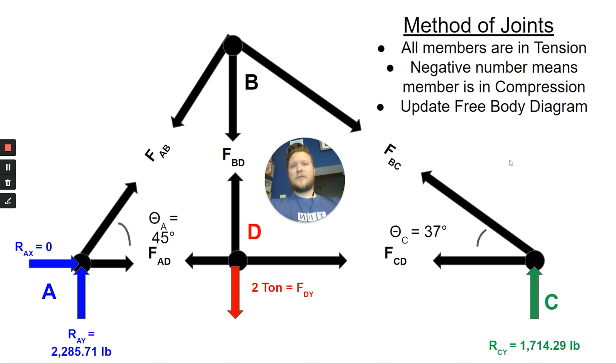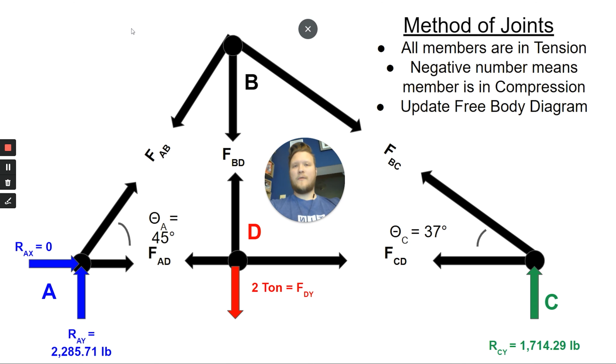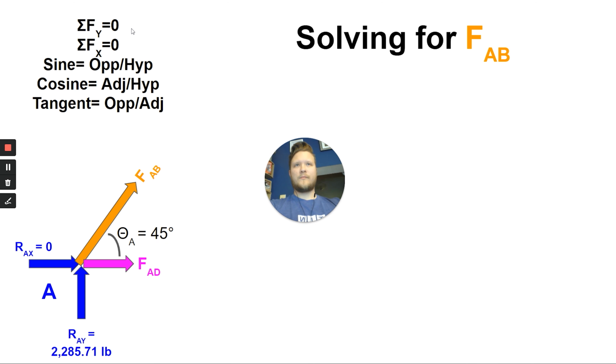So the first thing we do is we change from those rectangles to each joint being an independent free body diagram. Everything's in tension, so that means it is going away from our joint, outside of RCY and RAY, since we already found those vectors from before. I almost always start at the pin.